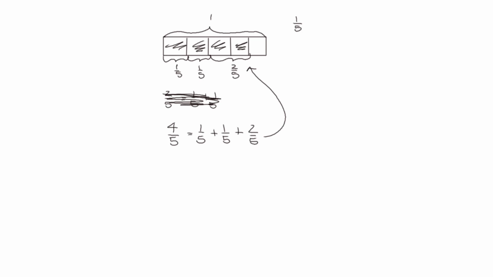Let's look at another one. Now, at first you might think, oh, there's 6, but I'm going to show that this much is 1. So if that's the case, I have 1, 2, 3, 4, 5. So my unit fraction is still fifths.